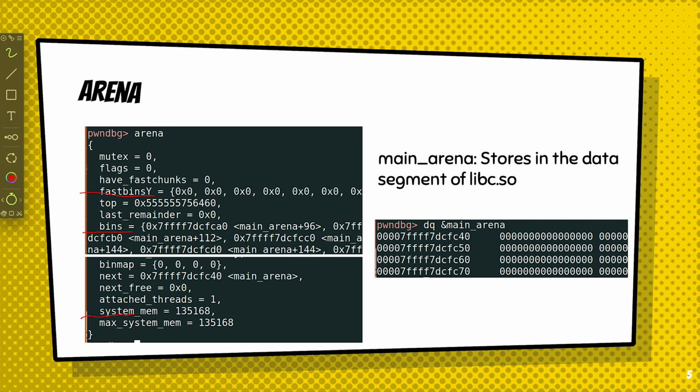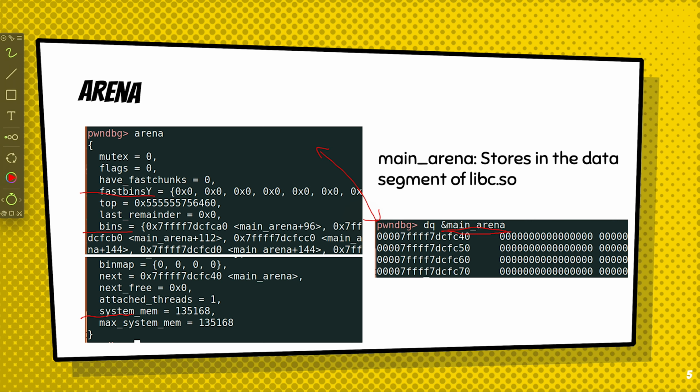Also, as main_arena is a symbol in libc.so, you could just use dq, which means to dump, with the address of the main arena, and you'll be able to get those dumped bytes starting from the address of main arena. And that information should correspond with the information shown using the command arena.